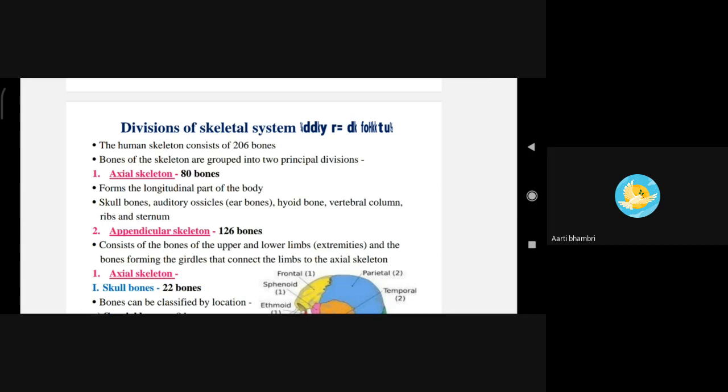We will study further about this. So these girdles and the lower and upper limbs fall under the appendicular skeleton. So is it clear which are axial and which are appendicular? Yes.